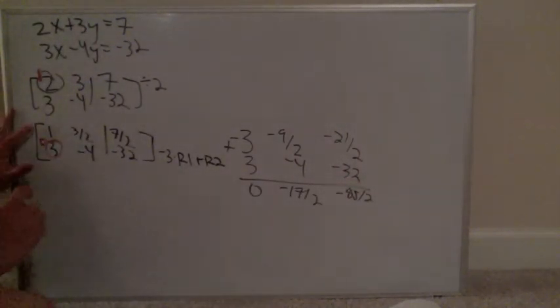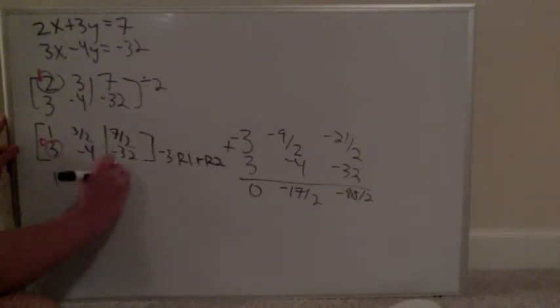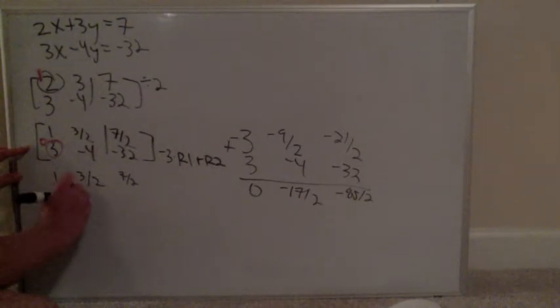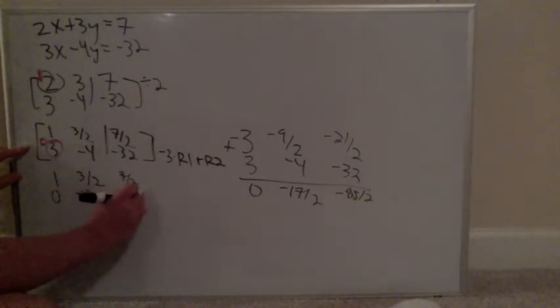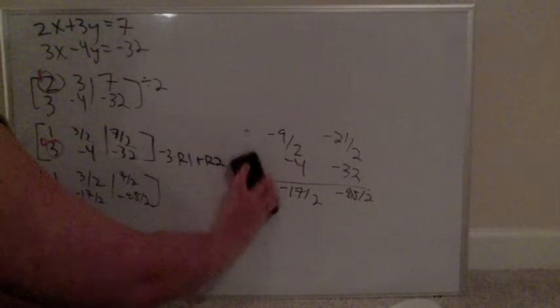Okay, so I'm going to keep row 1 the same. And row 2, I'm going to replace with my result here. Alright, so we're all done here. So I'll just erase this.